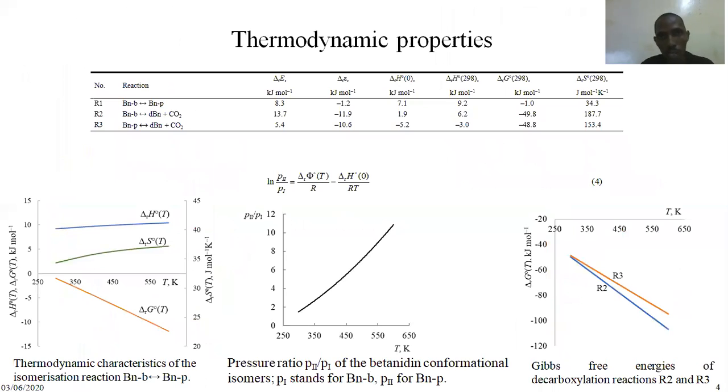The thermodynamic properties investigated cover the enthalpy of reactions at zero and at ambient temperature, together with the Gibbs free energy and the entropy.